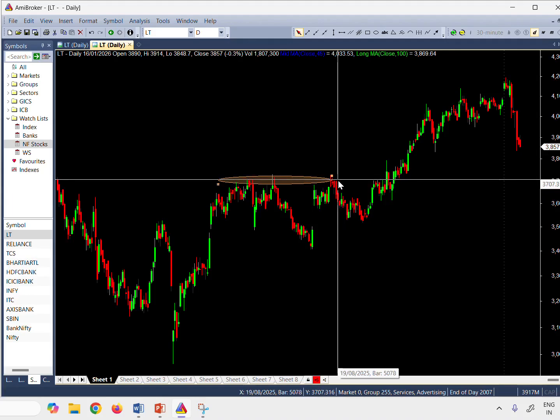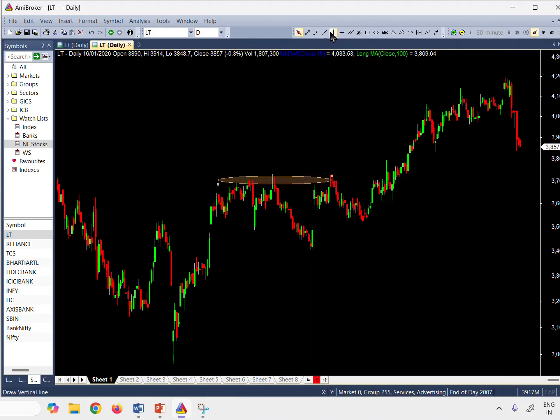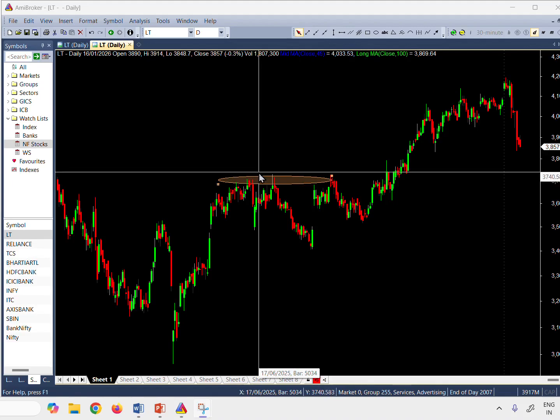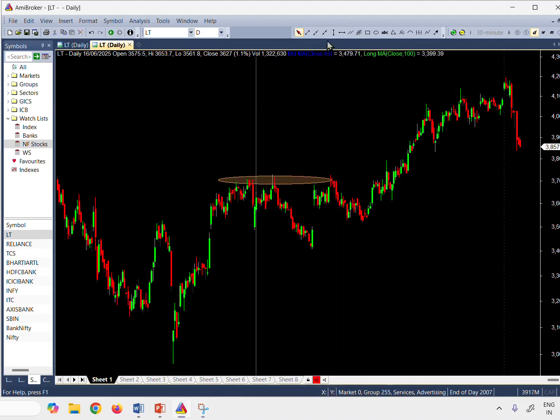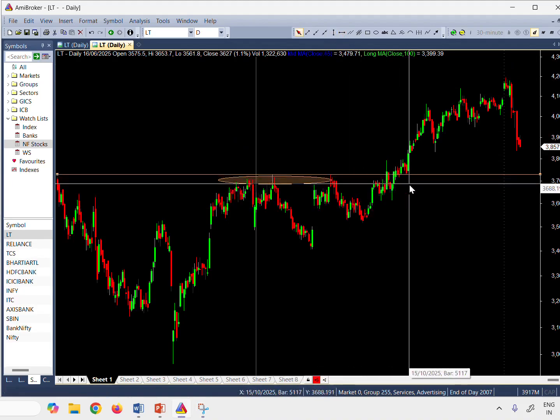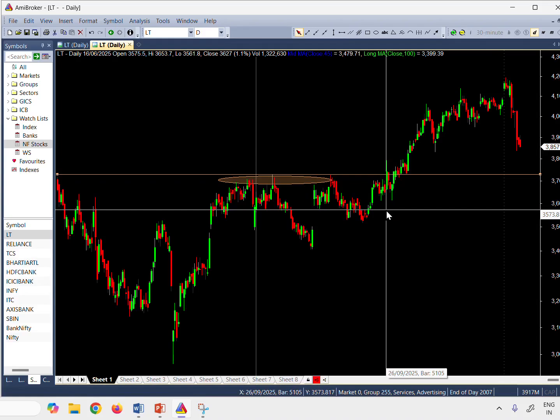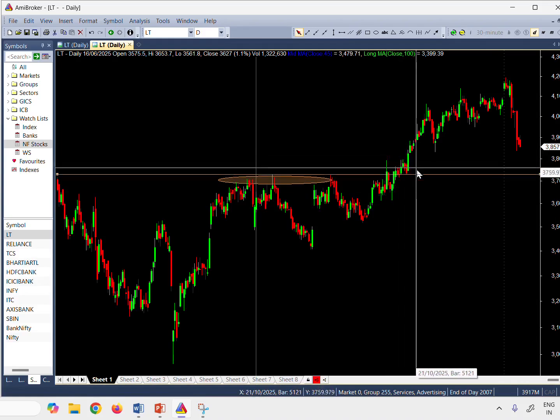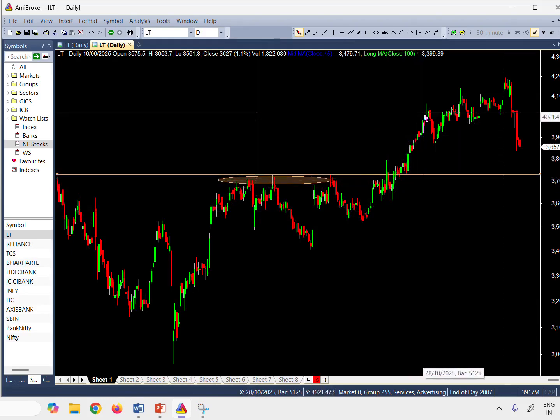And then when this resistance was broken, when I draw the parallel line here, when this line was broken somewhere in September 2025, the prices shot up from 3700 to almost 4000 level.